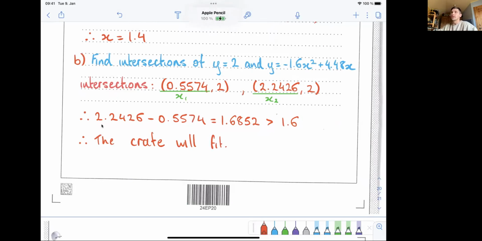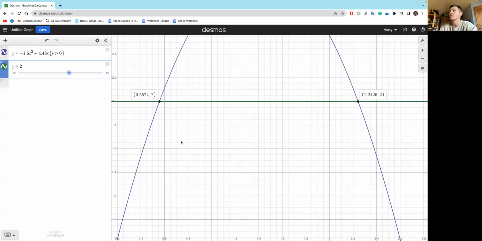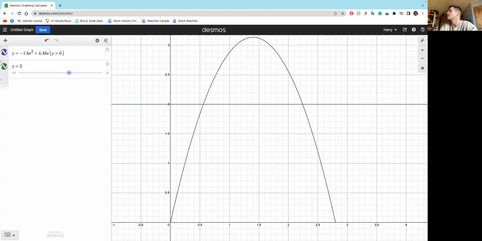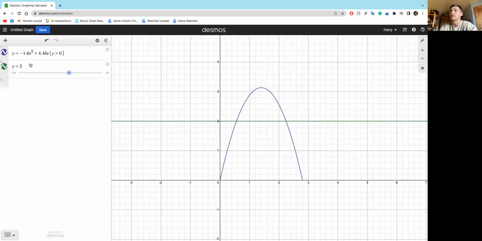I thought it could be interesting to visualize the crate fitting through in Desmos. So we'll come back to our graph and zoom out a tad. Now, if we were to go from 0.6 to 2.2, that would have a width of 1.6 meters.